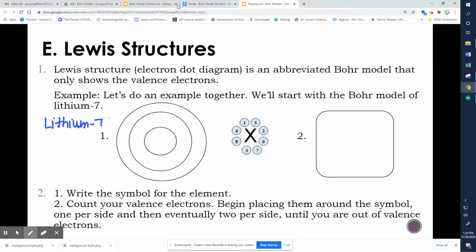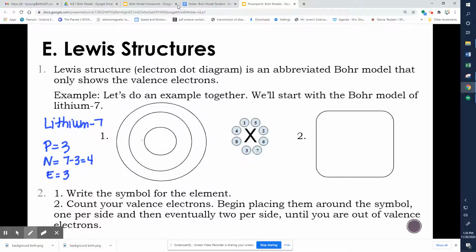When I look on the periodic table, lithium has an atomic number of 3, so that means it has 3 protons. To find neutrons, I take my mass minus my atomic number, so it has 4 neutrons, and my electrons are the same as my protons because this is a neutral atom.